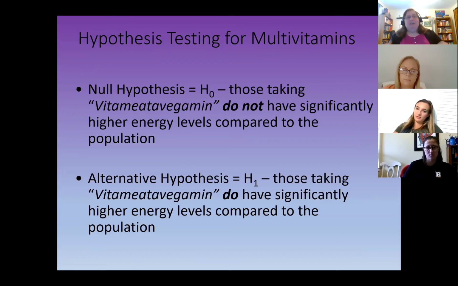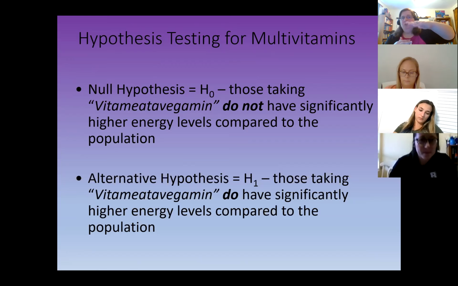Right, I think you're right on there. When we talk about the null and alternative hypotheses, we want to cover the whole universe of options, right? So if we said have higher, have lower, to your point, we're not covering what if it's the same.